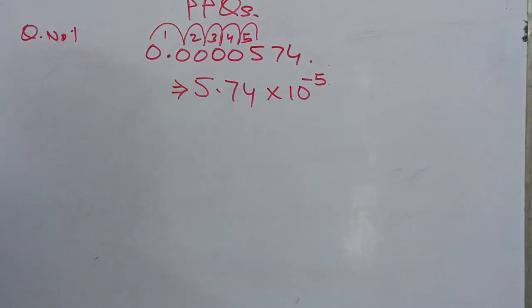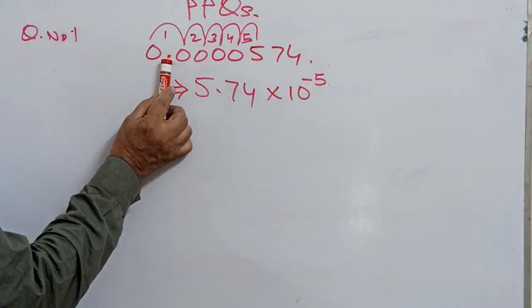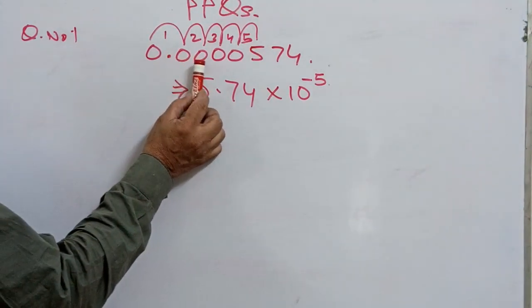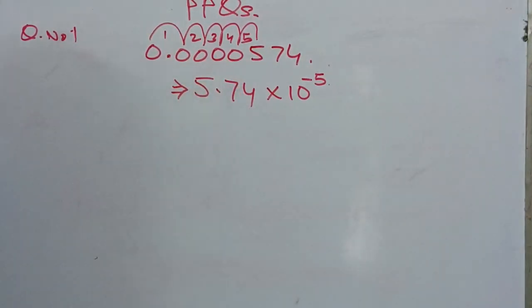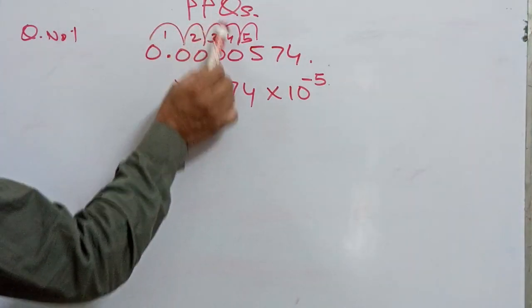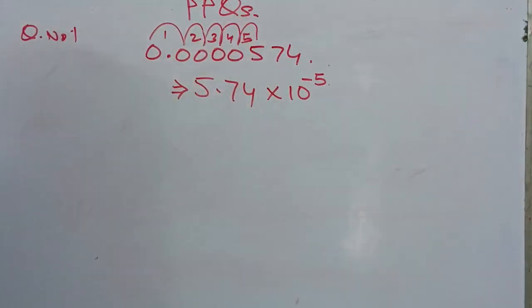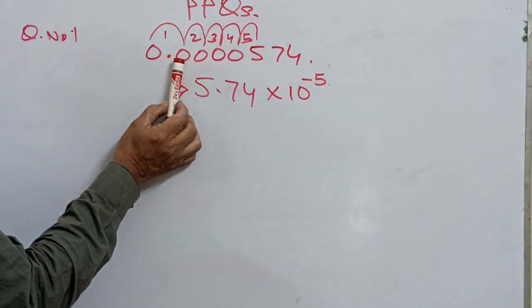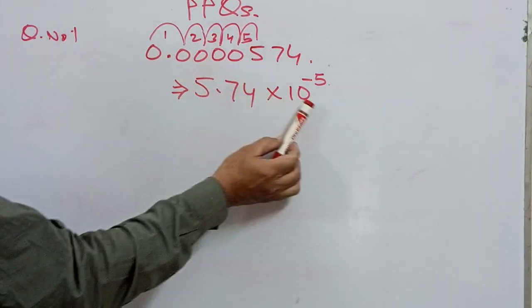You can even do it like this: start from the point, 1, 2, 3, 4, 5. If you don't want to make these waves, you can start from the point. Your first number will be from the point. 1, 2, 3, 4, 5.